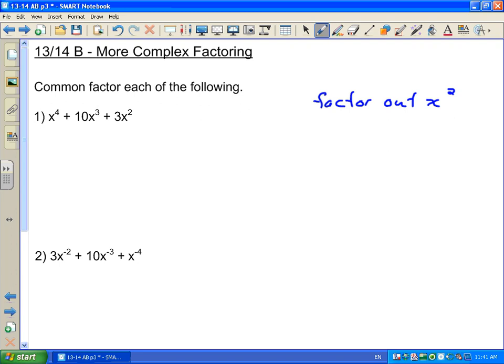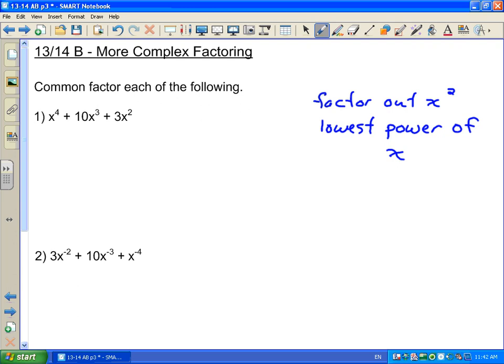Oh, sorry, 1 would be the leading coefficient. It's the coefficient on the highest power of x. Yes. It's the smallest, it's the lowest power of x. Okay? I know you just look at it, but this is me putting into words what you think when you look at it. You think, okay, that's the lowest power of x, so I'm going to factor it out.